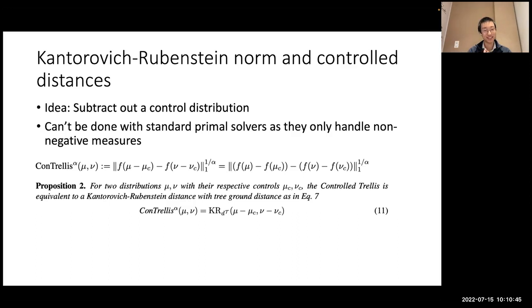So that's the connection with the earth mover's distance still, but it's slightly expanded in that you don't need the masses to sum to the same thing. They can be anything really. This is the trick we're using to normalize out the distributions, and so now you can handle the distances between distributions relative to some control. So now you can control out for some variable.